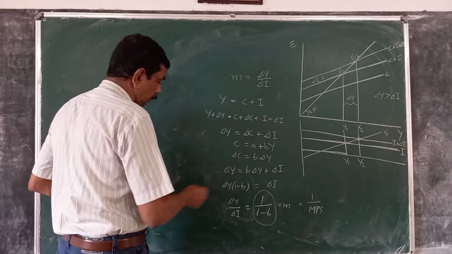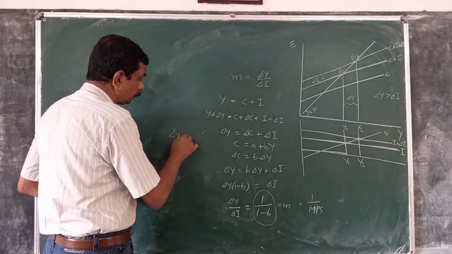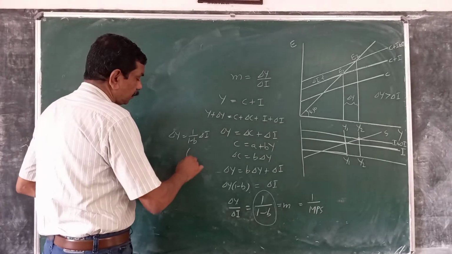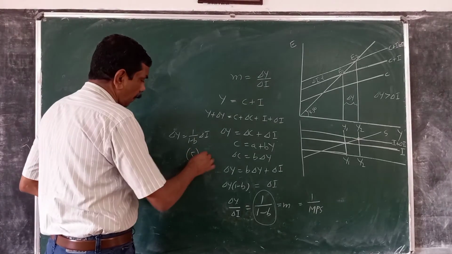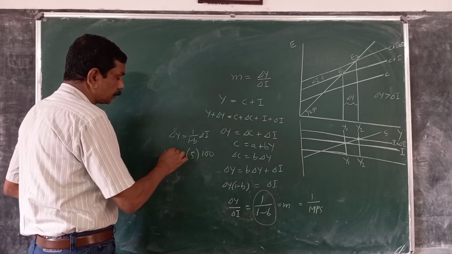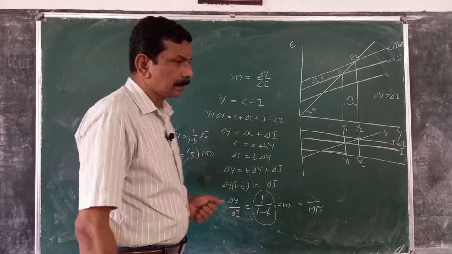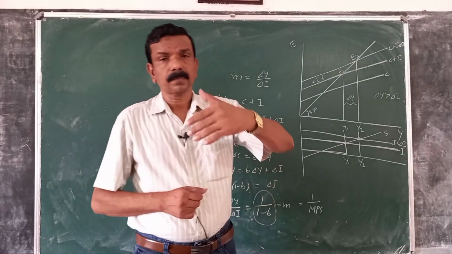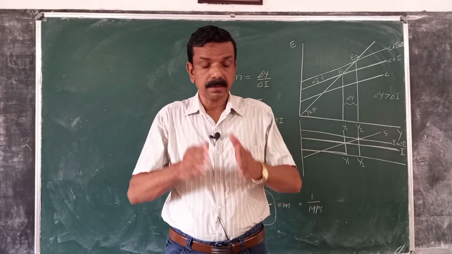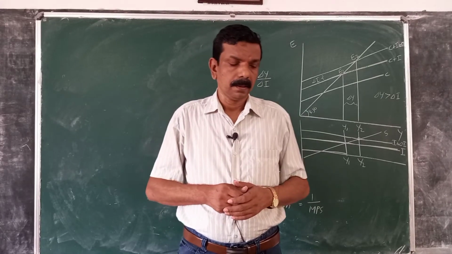As you can see, delta Y is equal to 1 by 1 minus b into delta I. If this value is 5 and delta I is 100, the change in income is 500. Now, the question is why income changes by a multiple of the initial change in investment.